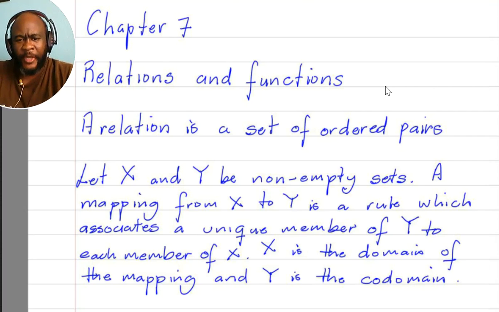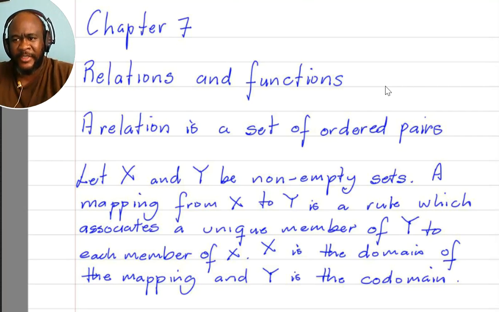Let X and Y be non-empty sets. A mapping from X to Y is a rule which associates a unique member of Y to each member of X. X is the domain of the mapping and Y is the codomain. So here we're hearing that a mapping is a rule.